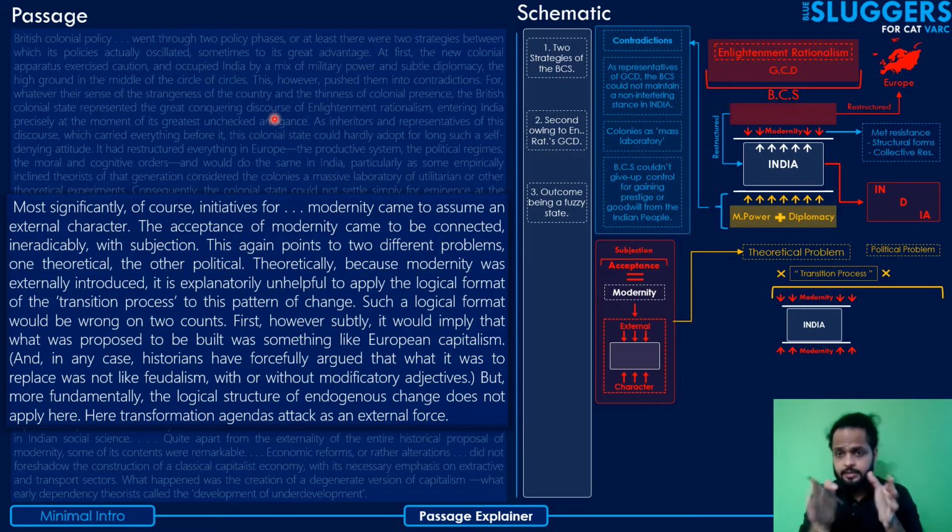Because in this case there were external forces involved, the change was not something that happened by itself from within. Hence, it will be wrong to apply the transition process here.